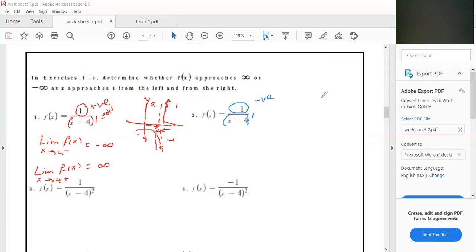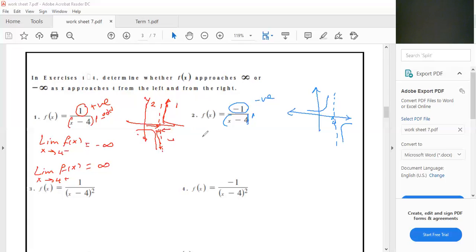As I showed you before, you have to remember the cases which I showed you in the previous session. The zero of the denominator is at 4, at which we have to draw the vertical asymptote. A negative numerator and a positive odd power means I draw in the second and fourth quadrants. Then you can use the sketch to find the limit.